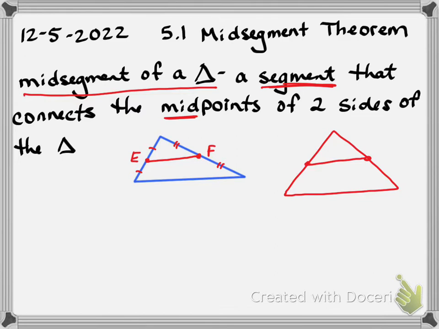You could connect, let me change colors, these two midpoints for this midsegment. And then you could connect these two midpoints for this midsegment. So every triangle has three midsegments.